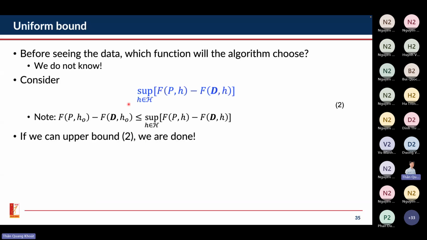Here's how we analyze the worst case. We analyze the model that produces the largest generalization gap, right? If we show that this gap is small, it means that our trained model also has a small generalization gap, right? That is one classical idea.